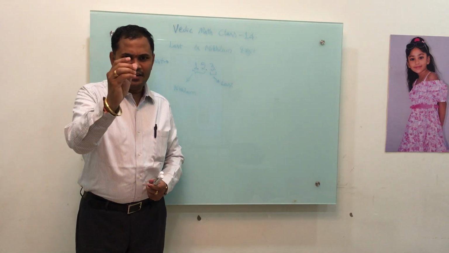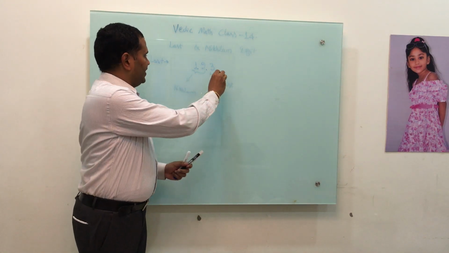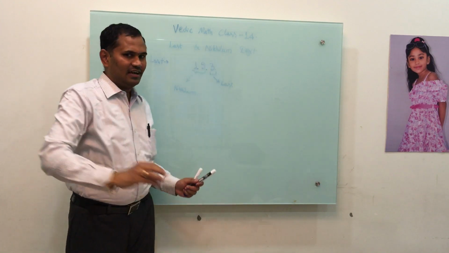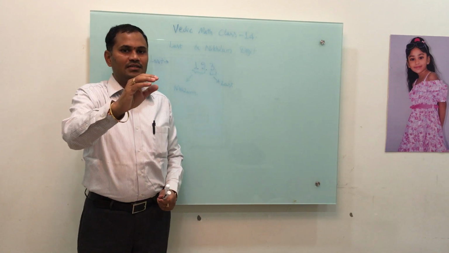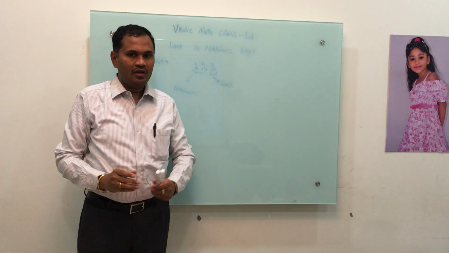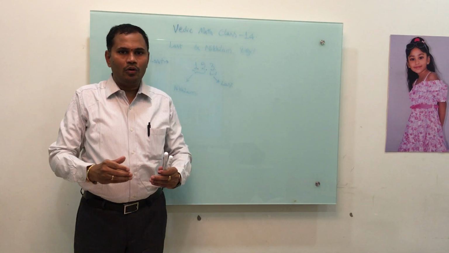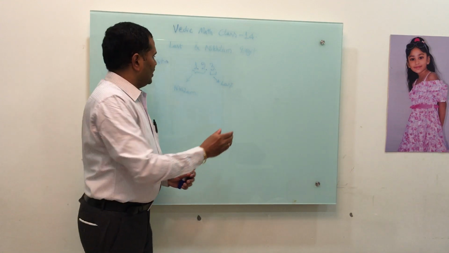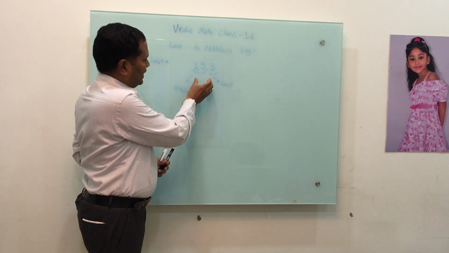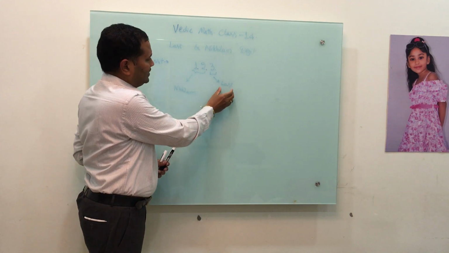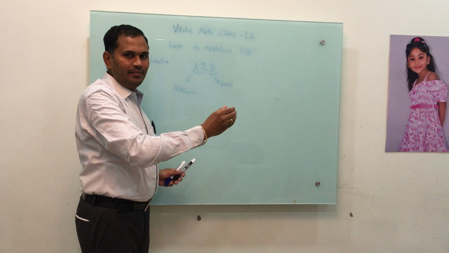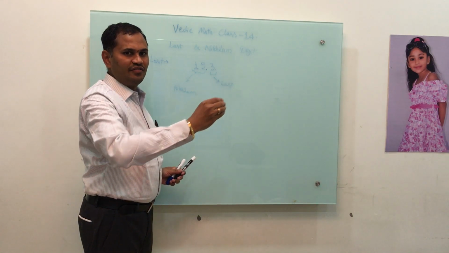So what is great about it? When you see any number, if you can identify the last digit, then the remaining digits will become Nikhilam digits. Now let's understand more about this. Whenever we have a number like this, if you identify the last digit, it can be correlated with the best friend digit.